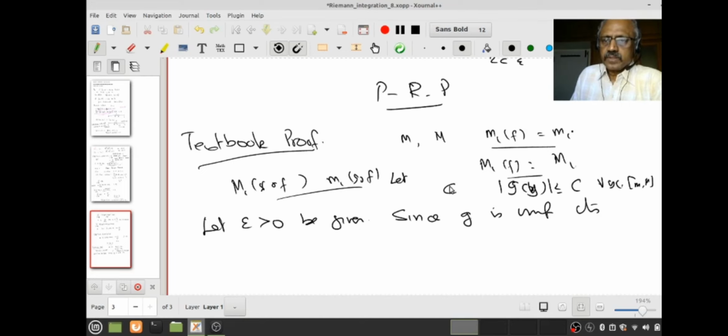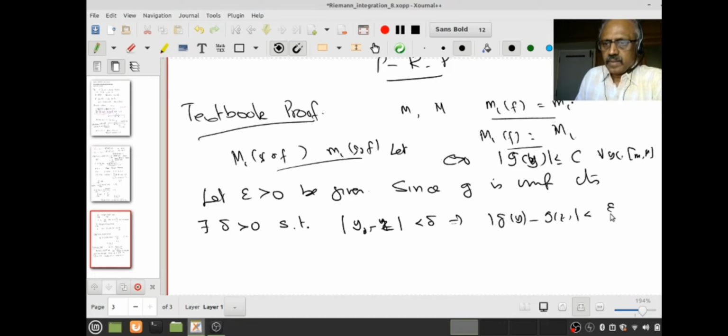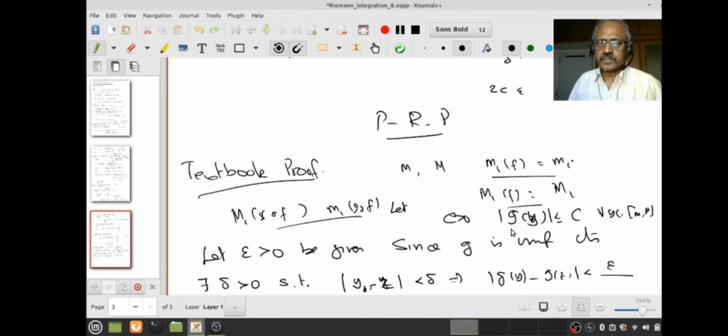Let C be positive such that mod Gy is less than or equal to C for all y in little m to capital M. Let epsilon be given. Since G is uniformly continuous, there exists a delta positive such that mod y minus z less than delta implies mod Gy minus Gz is less than epsilon by.